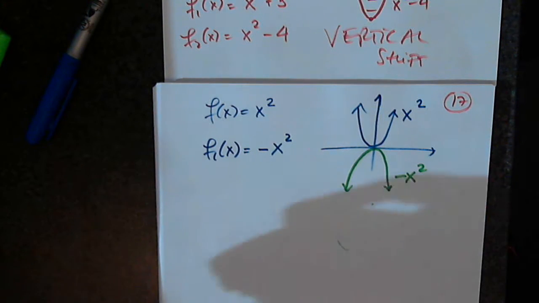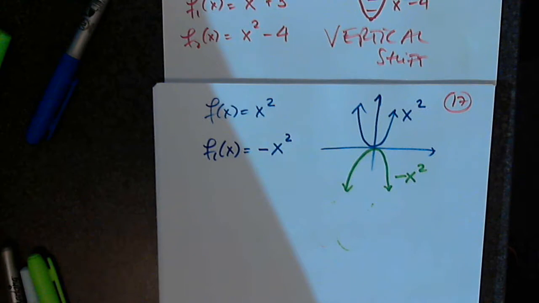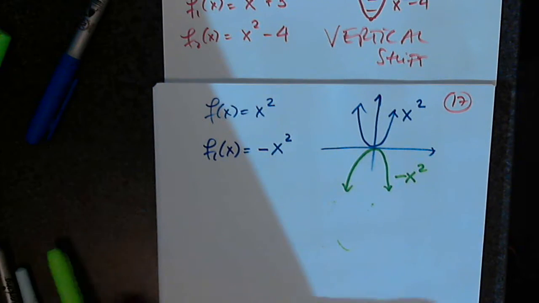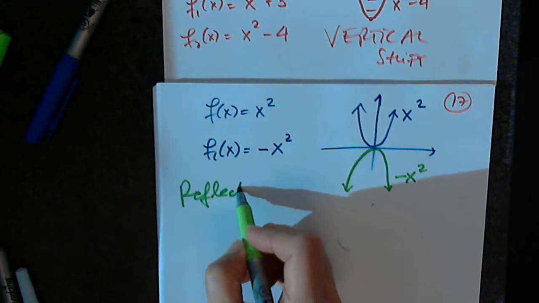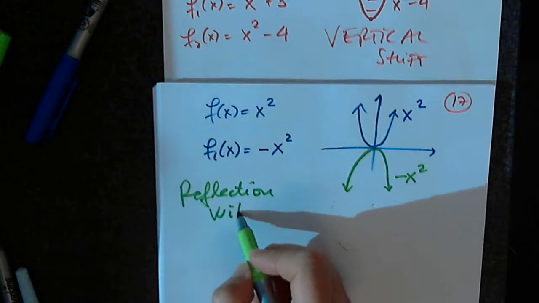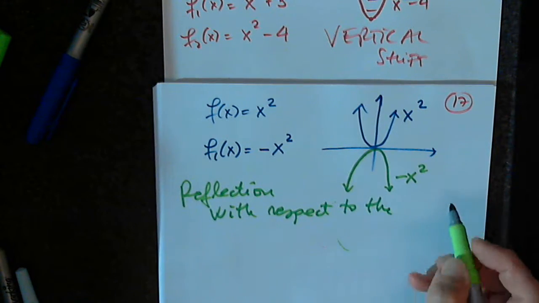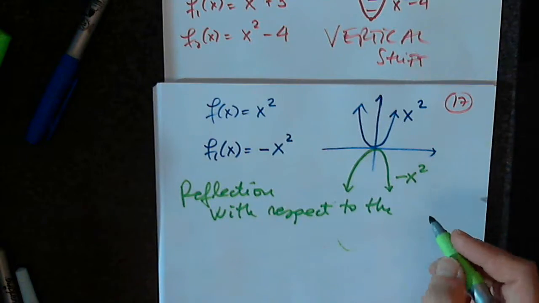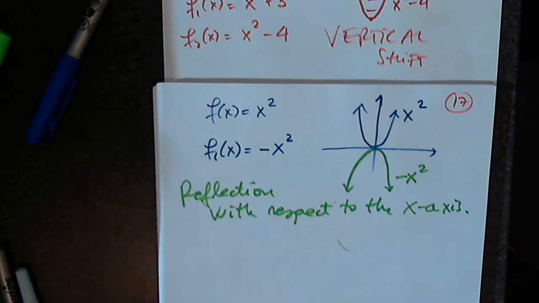Very good. Any questions? Okay, what is this called? A reflection. Reflection with respect to the x-axis. Very good. Excellent. Reflection with respect to the x-axis.